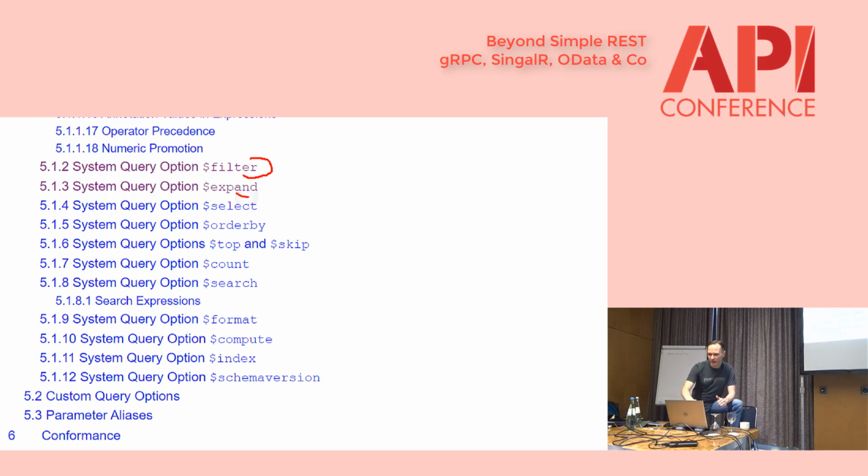Expand is joining. The difference between SQL joins and OData joins is that the expand clause goes across defined ways. It's in an object-oriented way. It's the reference between one class to the other class.